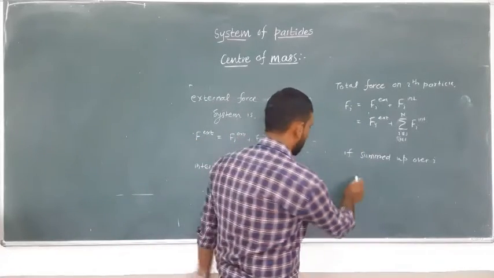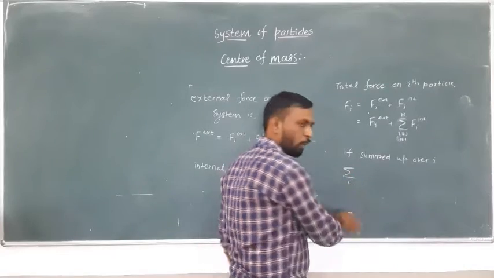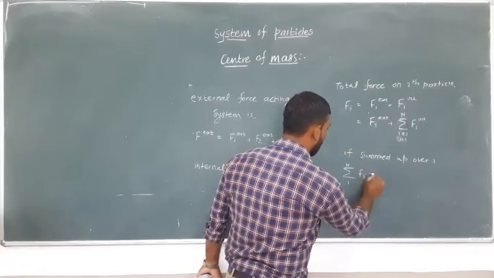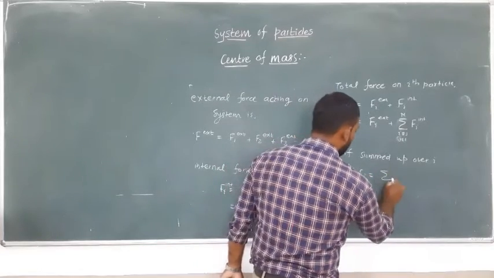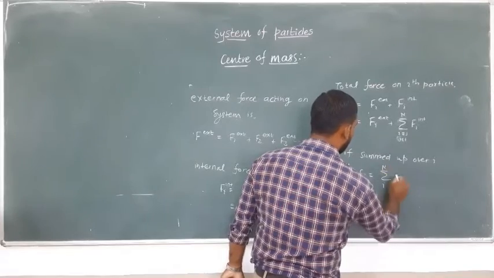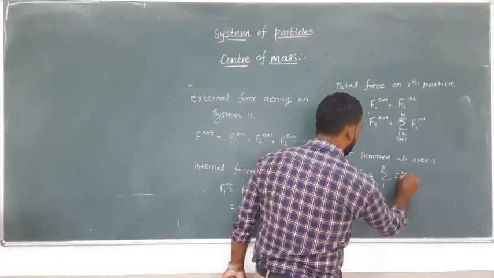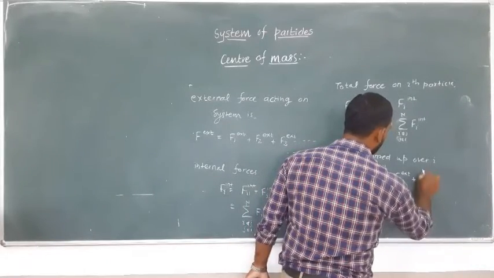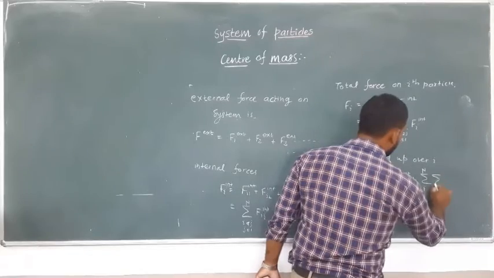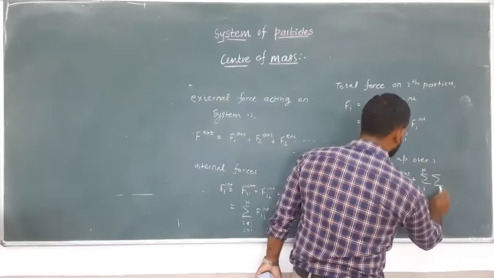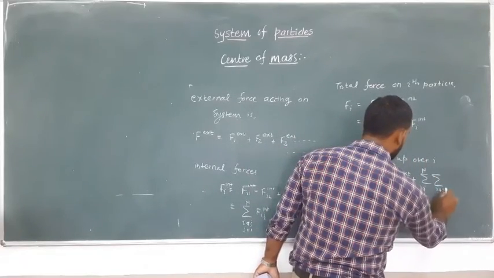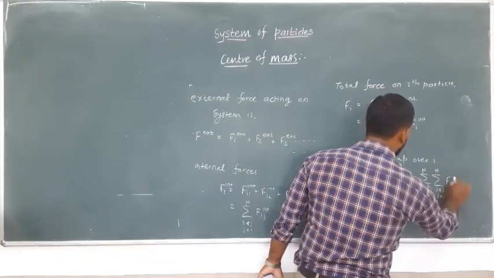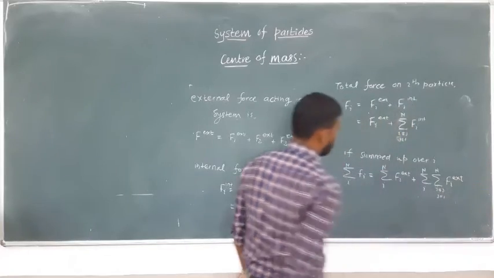So for that purpose, if I sum up over i, where i runs from 1 to n, the sum of Fi is equal to the summation, i runs from 1 to n, of Fi external, plus the summation again, i runs from 1 to n, and j not equal to i, with j running from 1 to n, of F internal.